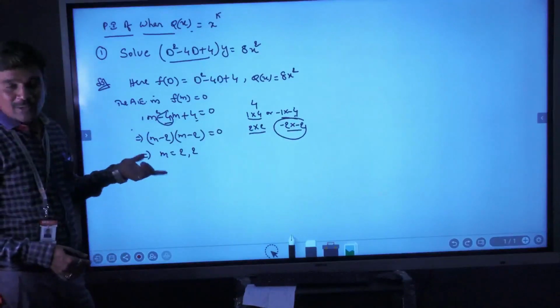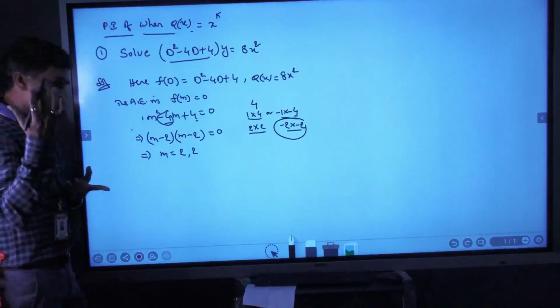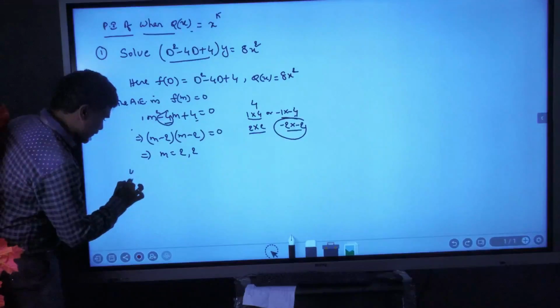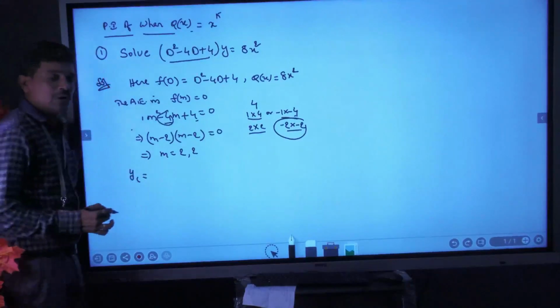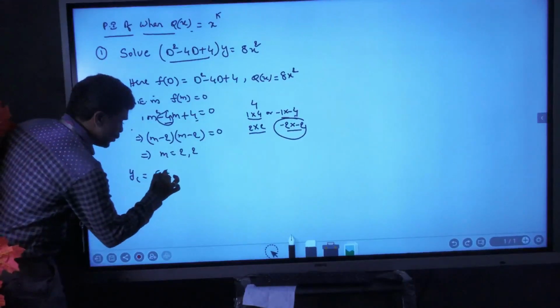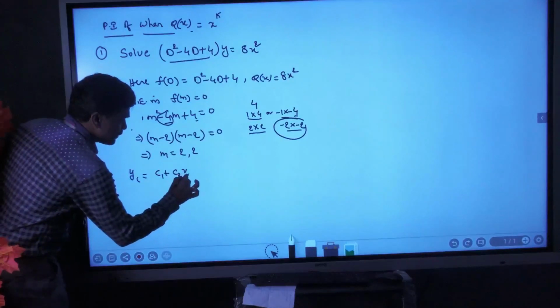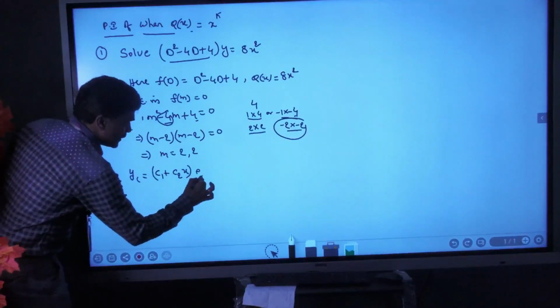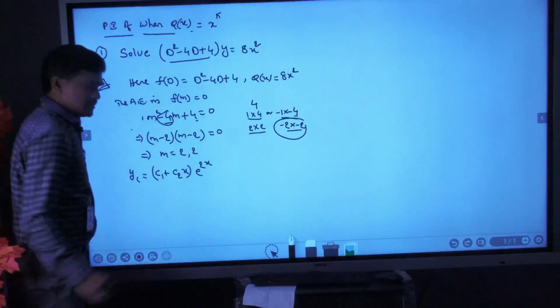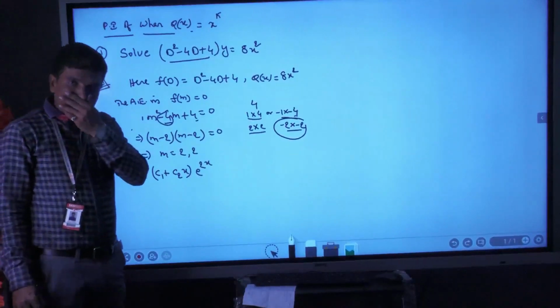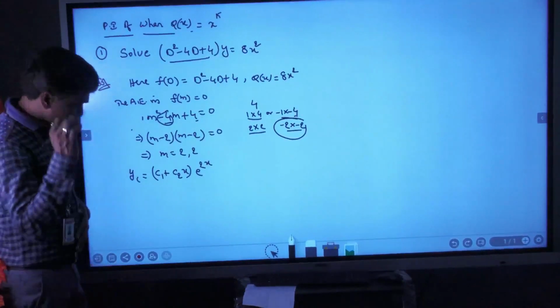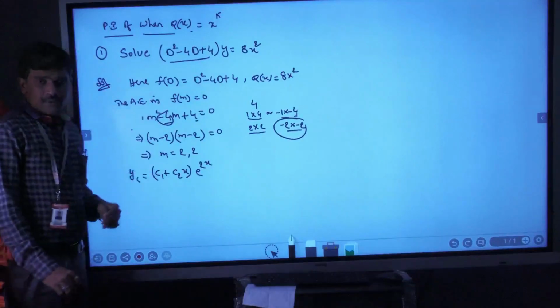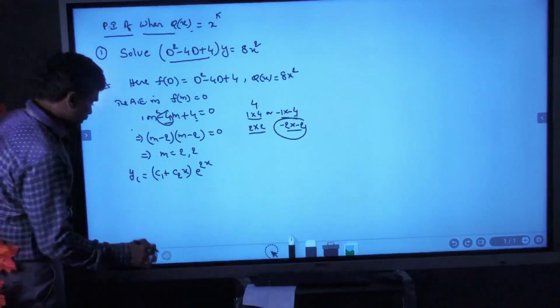So for equal roots, what is the complementary function? For equal roots, the complementary function yc is equal to (c1 plus c2 x) e power 2x. This is the solution for equal roots. Okay, right? Now for yp, what is yp?